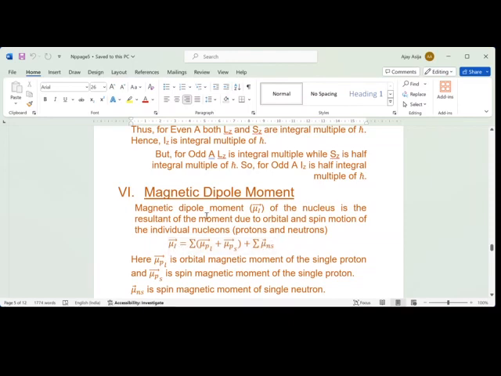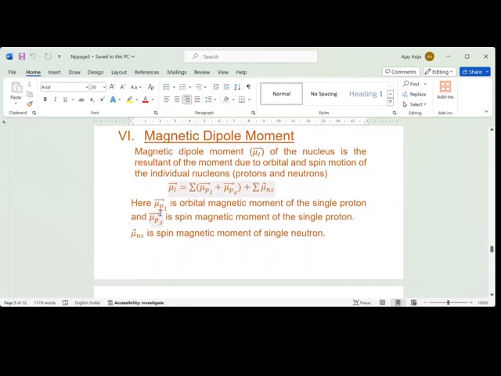So the total magnetic dipole moment of the nucleus is equal to the summation over all the protons of the orbital magnetic moment component and spin magnetic moment component, plus the spin magnetic component for neutrons.